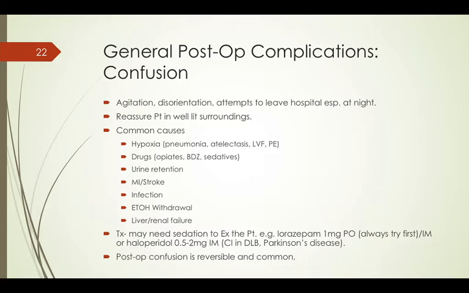Certain drugs: opiates, things like morphine, fentanyl, codeine, benzodiazepines, so diazepam, lorazepam, temazepam, and sedatives, really the same sort of class. Urine retention: if you've got an obstruction post bladder, so in the urethra, or the catheter itself may perhaps be blocked, that can lead to urinary retention and can present as confusion.